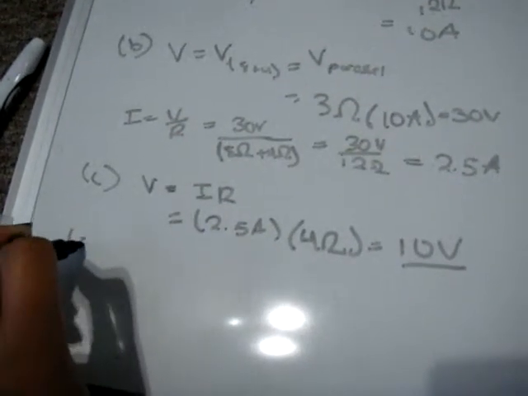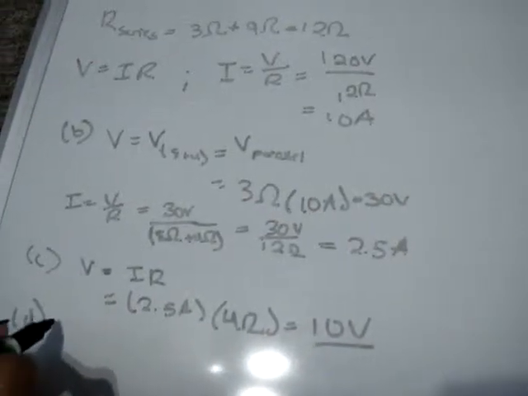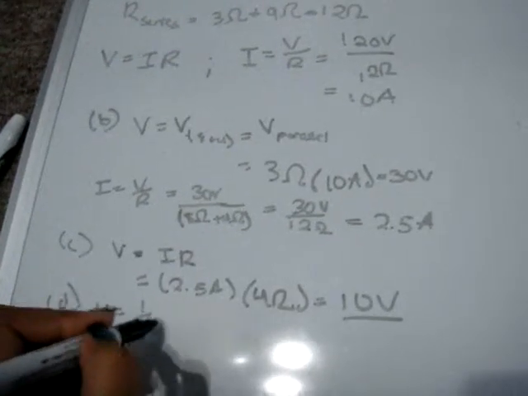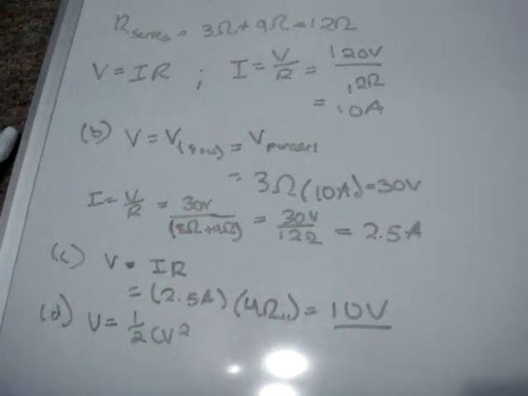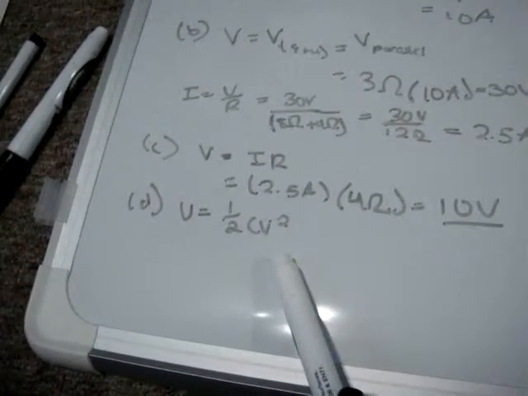And now we have part D, which is the energy stored in this 30 microfarad capacitor. So now for energy, we'll have U equals 1/2 CV squared. That's the formula. C is capacitance, V is the potential.